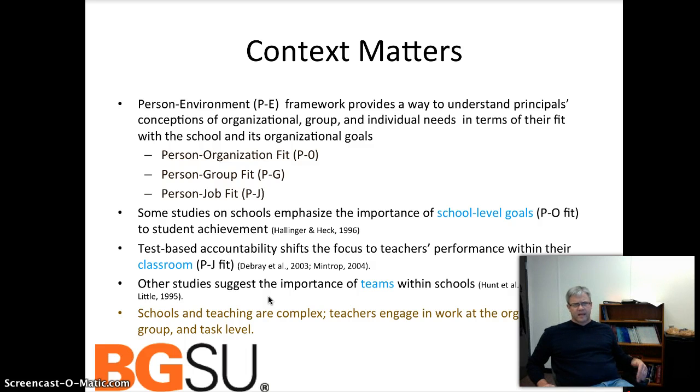Pearson looks at 3 different fits: the organizational fit, the group fit, and the job fit. And we see some of the different notions out of the Pearson environment framework.